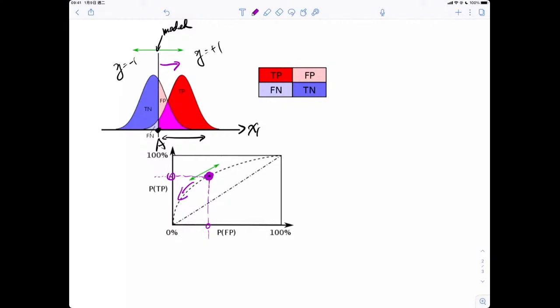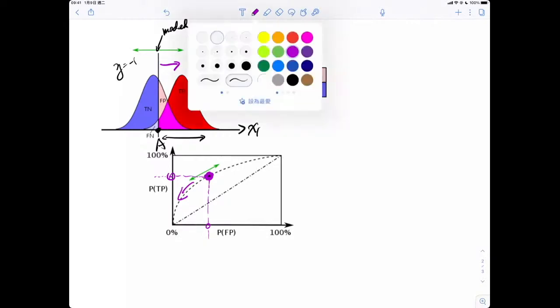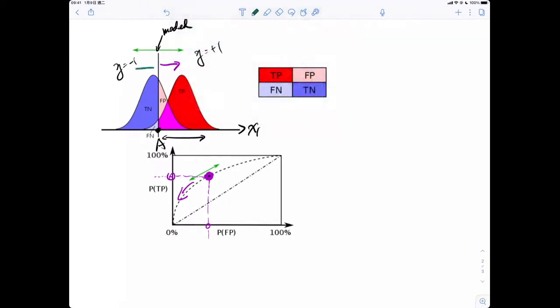Okay, if you move your model to the left hand side, which means you increase your true positive but decrease your true negative rate, so your model goes this way, which is in green color.